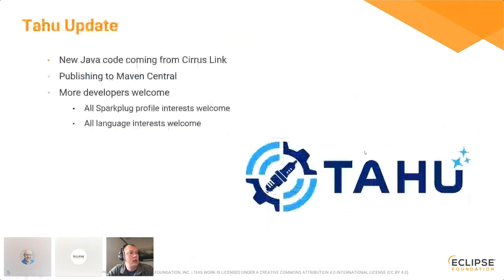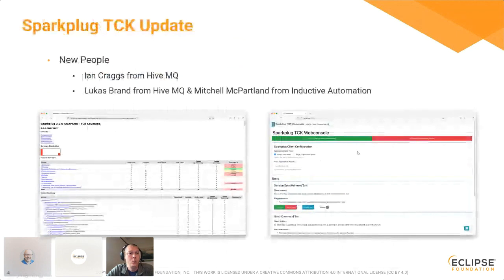So on the TCK, we're making quite a bit of progress as well. The TCK is very different from many other TCKs that people might be familiar with. For example, in the Java world, you'd have a TCK built around an API, and then within the Java language, you would have an implementation, and the TCK would use that implementation as what was being tested.